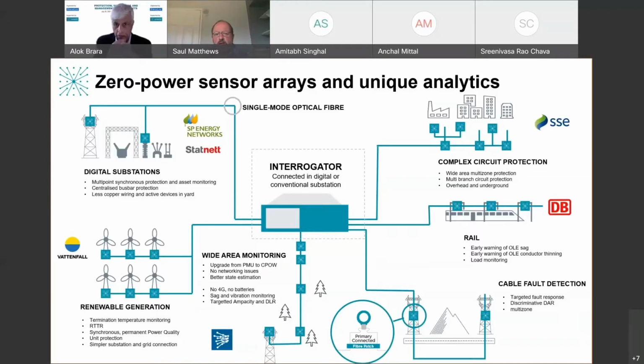The other thing we've done very recently here, I'm based in Scotland, in the extreme north of the UK. We're working with SSE, the transmission operator there, to implement wide area protection schemes.